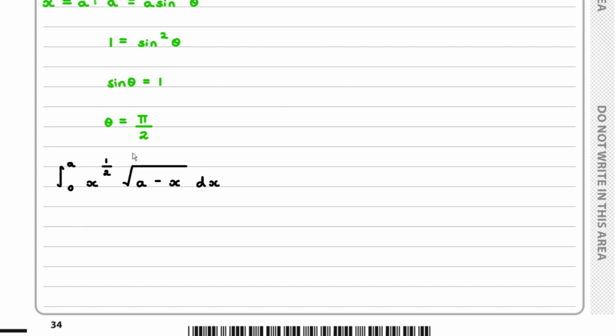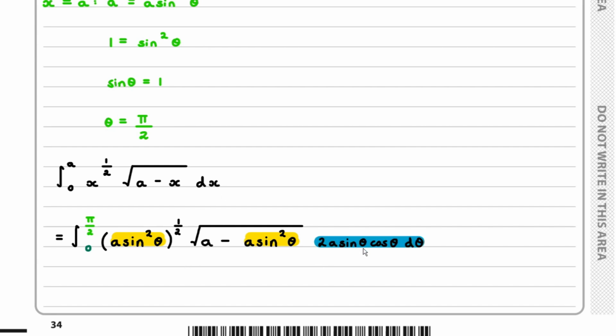So, using the information we have worked out, this is equal to the integral from 0 to pi over 2, and then we know that x is equal to a sine squared theta, so we have (a sine squared theta) to the 1/2 multiplied by the square root of a subtract a sine squared theta, because x is equal to a sine squared theta. And then we already know what dx is, that's 2a sine theta cos theta d theta.